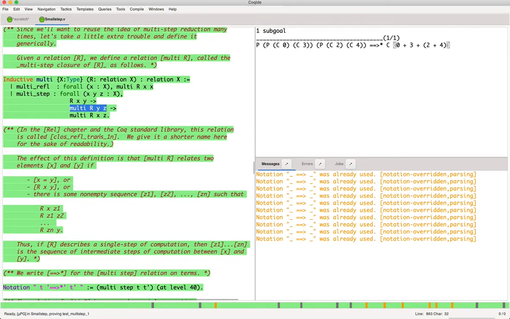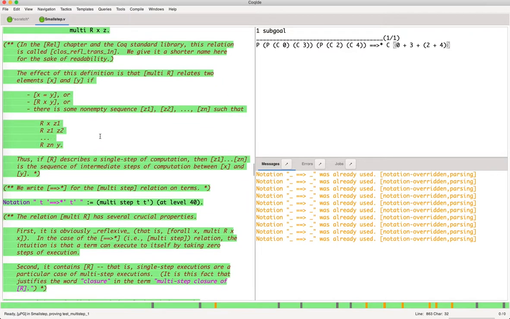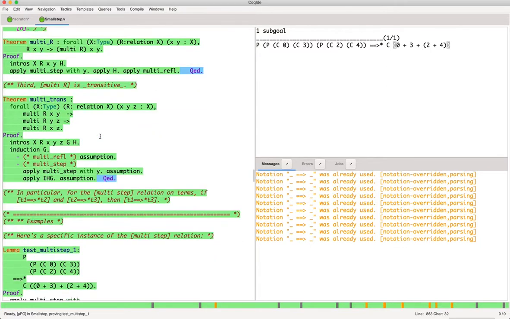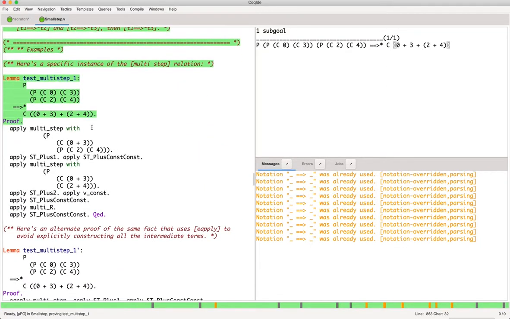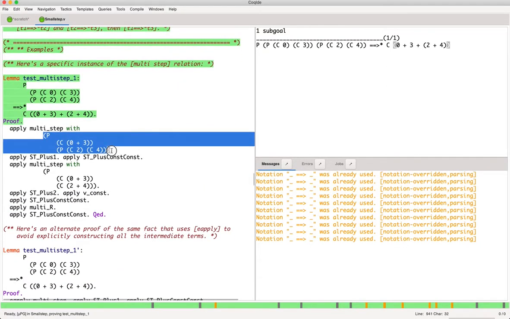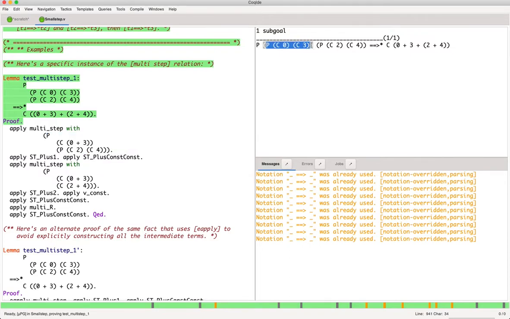So we have to come up with the something, which is the y in this case. So in the proof down here, you can see there's a with clause that says, well, this is the appropriate y for this position, which is because it's basically going to single step that piece there to a constant first. That's kind of the first thing that happens.